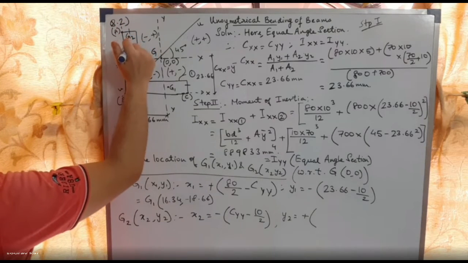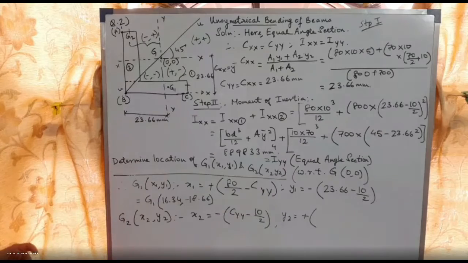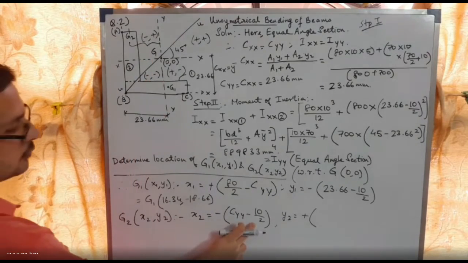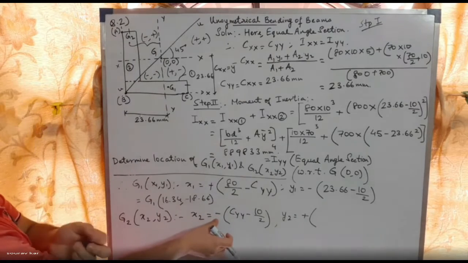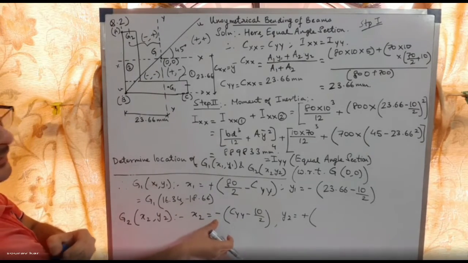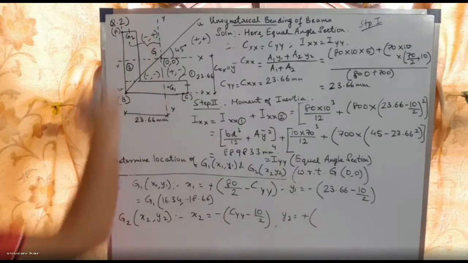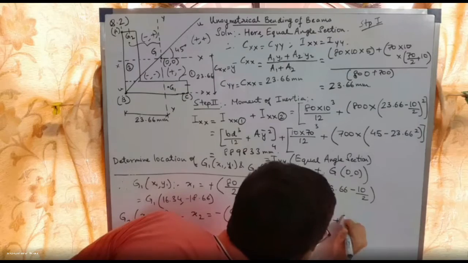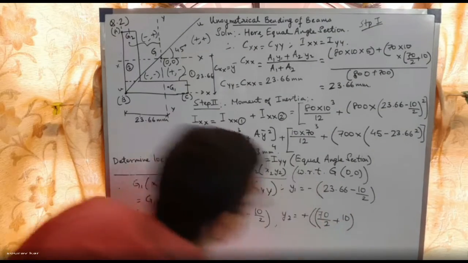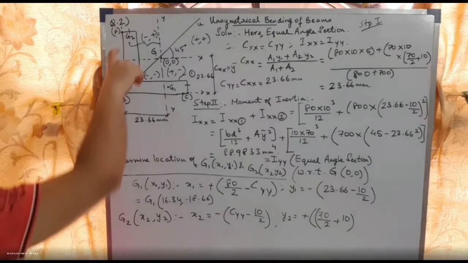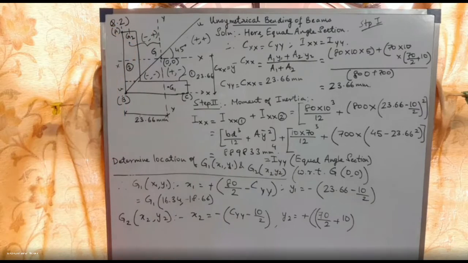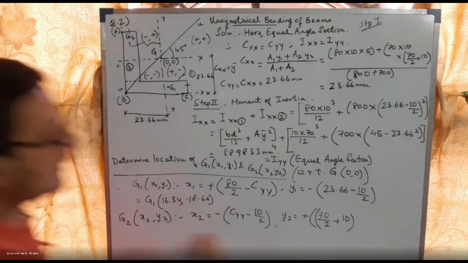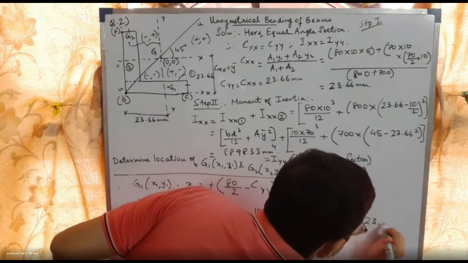So this distance I have to calculate G2, तो वही हुआ माइनस सी वाई वाई माइनस 10 by 2. माइनस बाद आएगा क्योंकि x एक्सिस नेगेटिव, y पॉजिटिव, y का क्या होगा? देखो y का होगा 70/2 प्लस 10, 70 का आधा 35, प्लस 10 क्योंकि मैक्सिमम माप रहा है, प्लस 10 माइनस 23.66.